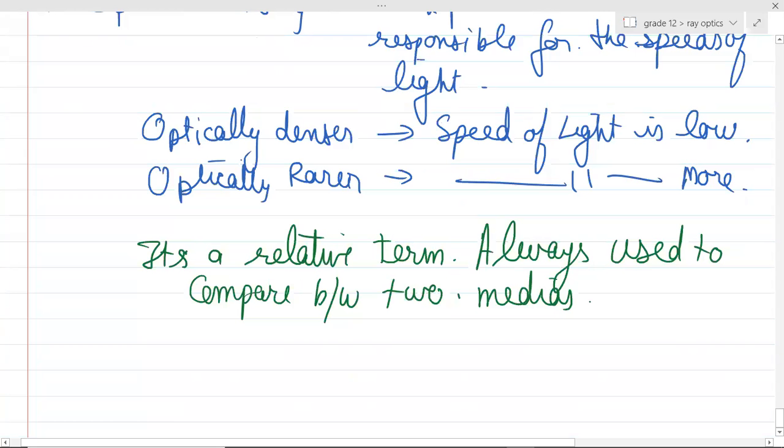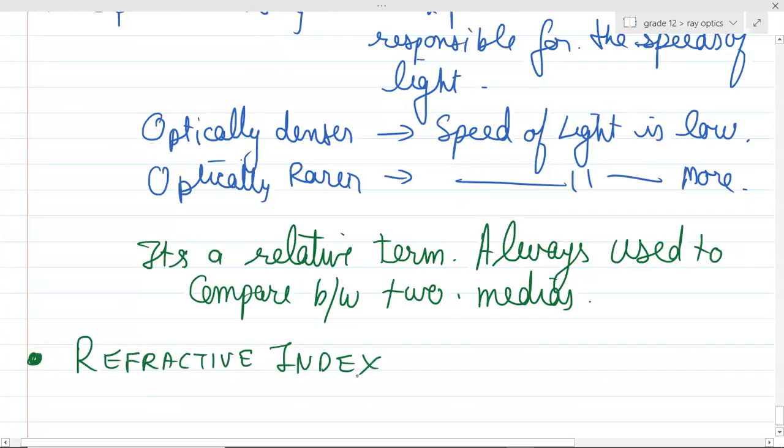Is this clear? And this optical density is given with the help of the refractive index of the medium. Refractive index. Please write the heading.